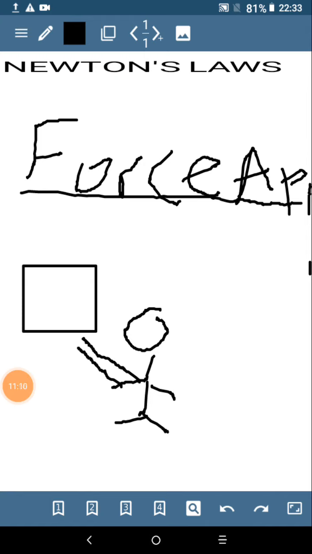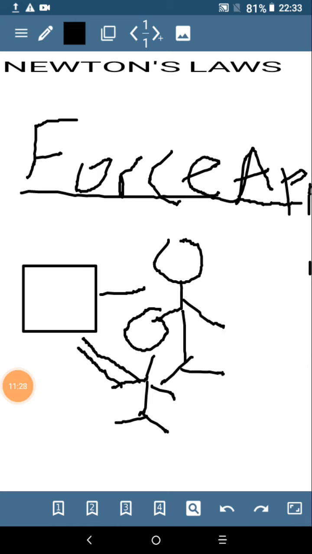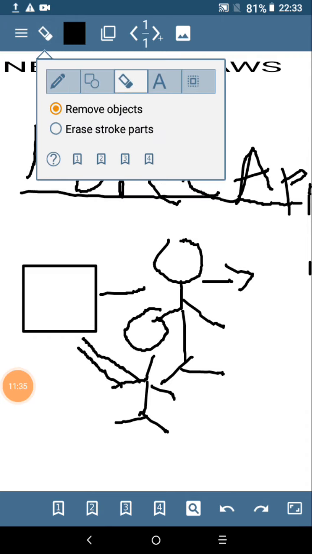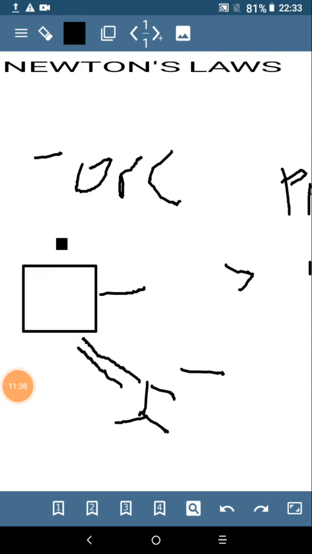Or if we had someone standing over there pulling the box towards his direction, that's a pull, guys, that's a force applied. It is very easy to identify.